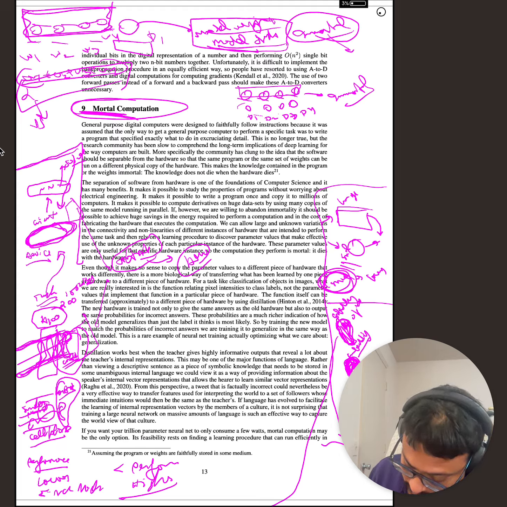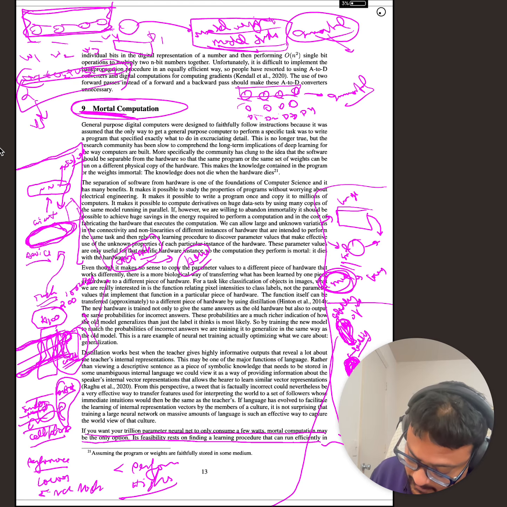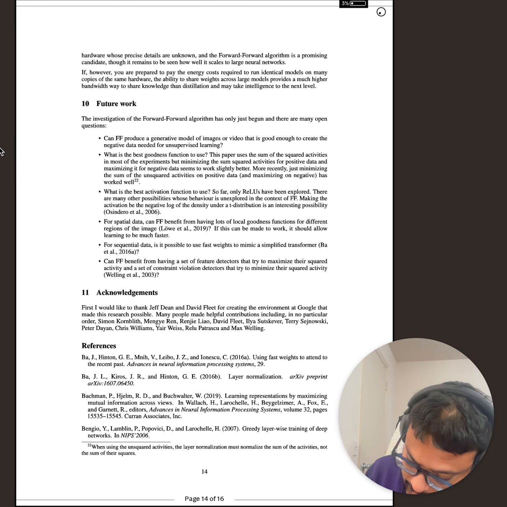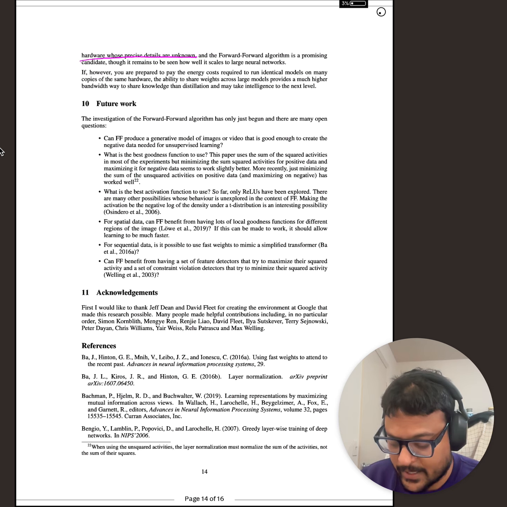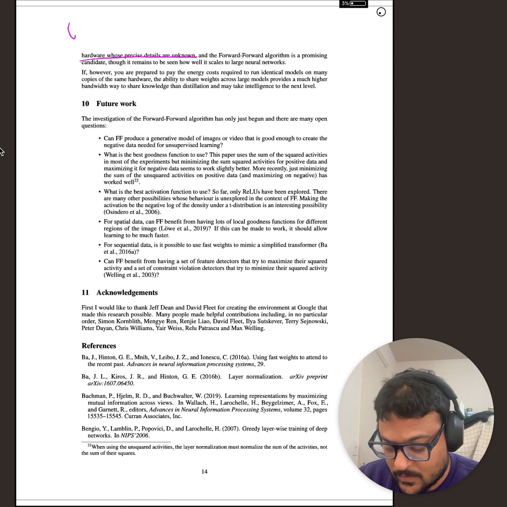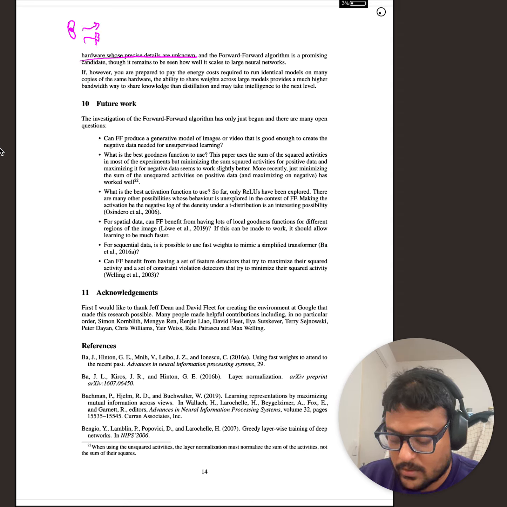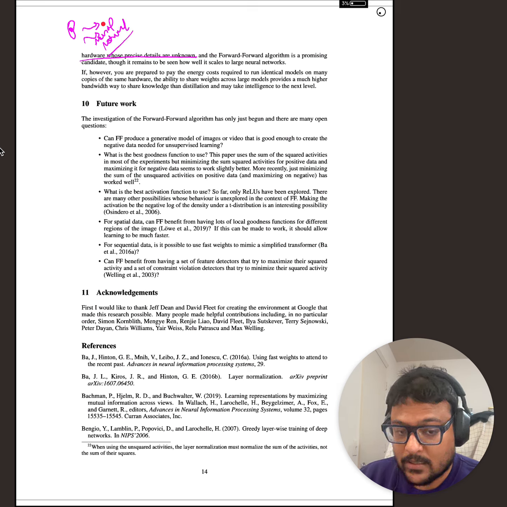And in the end, what he says is that if you want your trillion parameter neural net to only consume a few watts, model computation may be the only option, and its feasibility rests on a learning procedure whose precise details are unknown. So in the thing which I explained to you, if you have some small embedding and it has to grow to form a neural network which will do a particular task, then the structure of the neural network is not known beforehand.